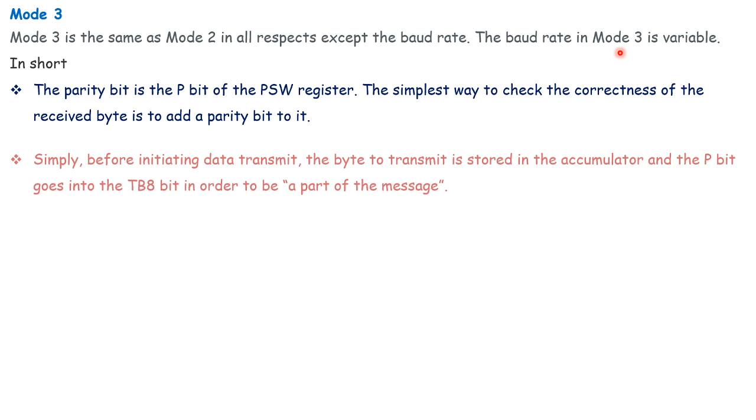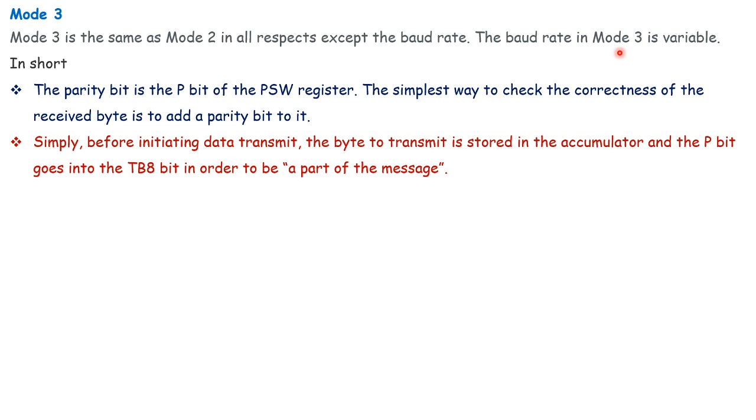In short, the parity bit is the P bit of the program status word register. The simplest way to check the correctness of the received byte is to add a parity bit to it, for odd or even parity. Before initiating data transmit, the byte to transmit is stored in the accumulator and the parity bit goes into the TB8 bit to become a part of the message.